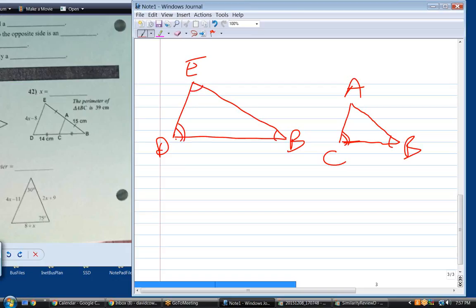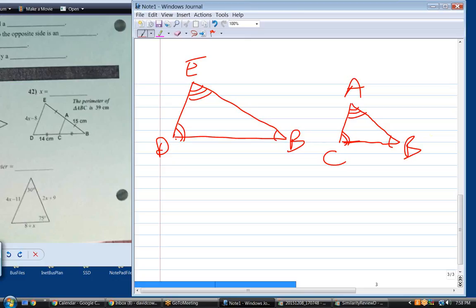It's one thing drawing it in proper perspective, but a lot of times these things can be upside down, right? They may give you a problem where this thing is drawn upside down and they tell you the two triangles are similar, and it's not immediately readily determinable which angles are equal to one another. When they're oriented exactly the same way, like I have them drawn now, it's pretty easy to tell D is equal to C and E is equal to A and B is equal to B.